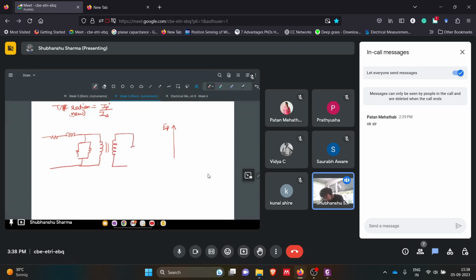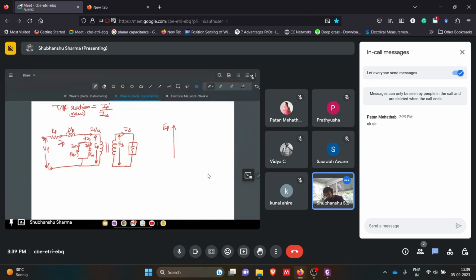This is some resistive burden here. IS is here. This was ES, this was EP, this was XM, this was RW, this was IW, this was IM, this was I naught, this was IS by A. This was, let's say, jXP. We have this RP. We have this as the primary voltage V primary, and the primary current here.